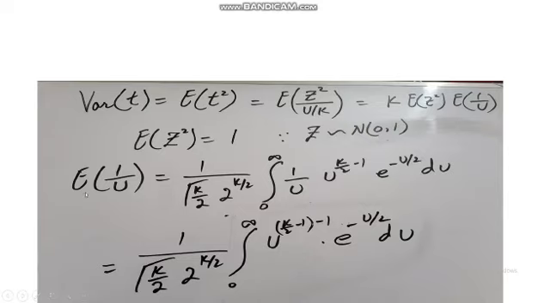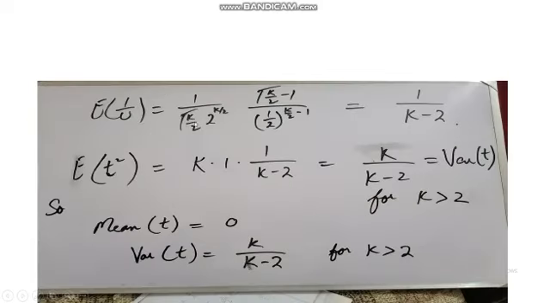Now for finding the expected value of 1 over u, as u follows the chi-square density, we use the chi-square density along with 1 over u. Solving it, we get its value as this one. Simplifying it, the expected value of 1 over u finally becomes 1 over k minus 2.